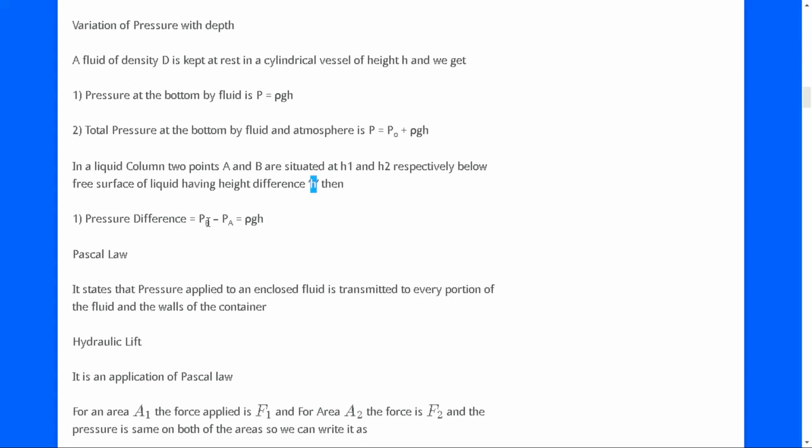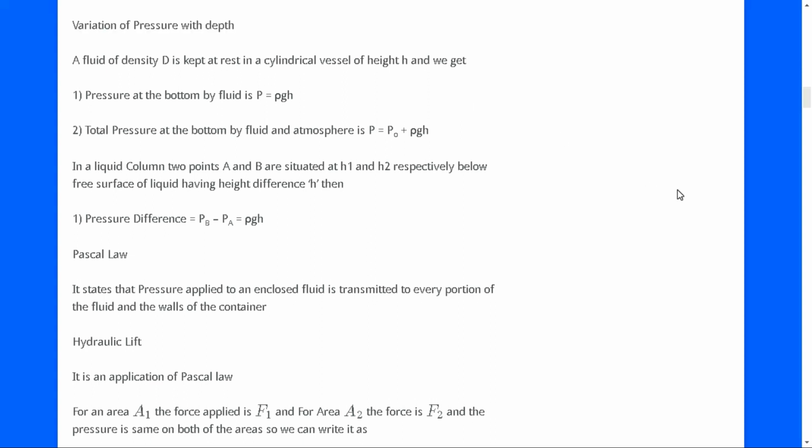Then the pressure difference between the 2 points, that is PB minus PA, is equal to rho GH, or we can write it as PB minus PA is equal to rho G into H2 minus H1. Now we have completed the variation of pressure with the depth.